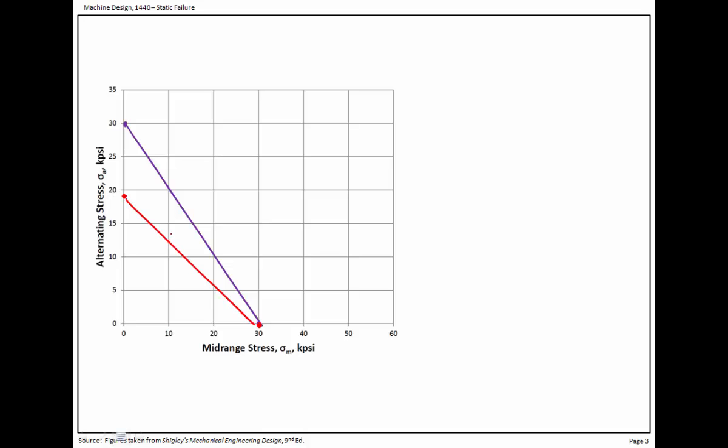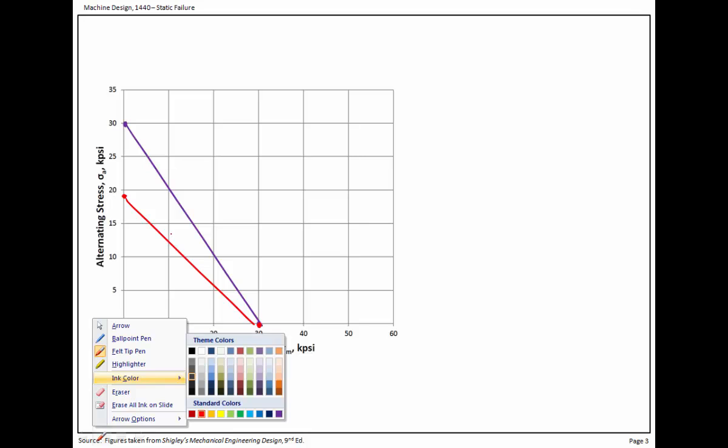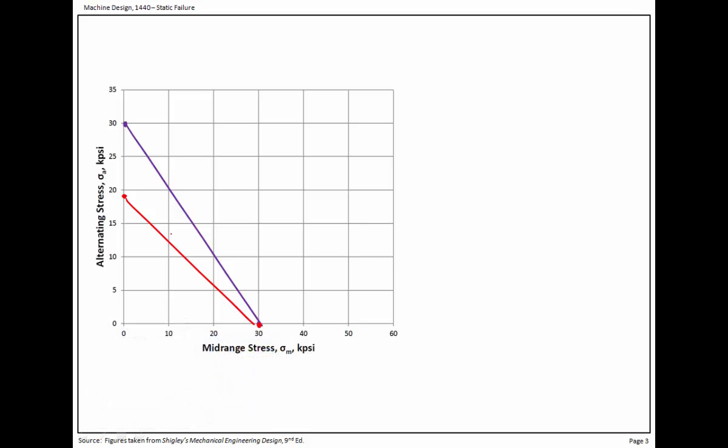Okay. Now we'll change colors again, and we'll put in the modified Goodman. Let's go with green. Green's nice. And we use the same point here on the alternating stress, but in this case we use the ultimate strength right here.